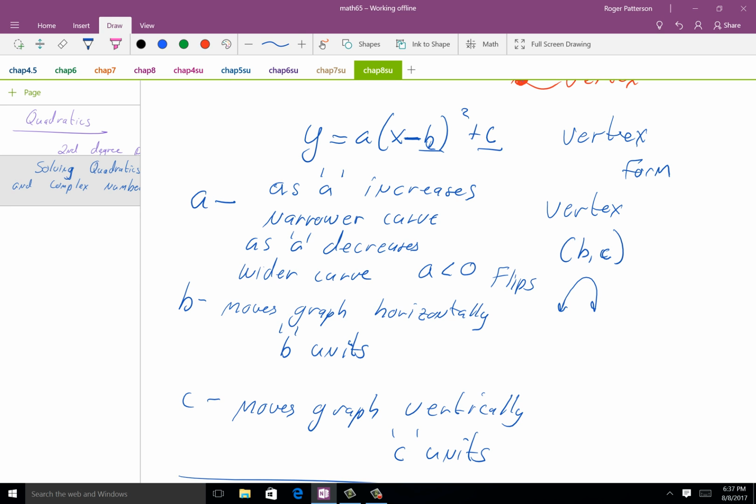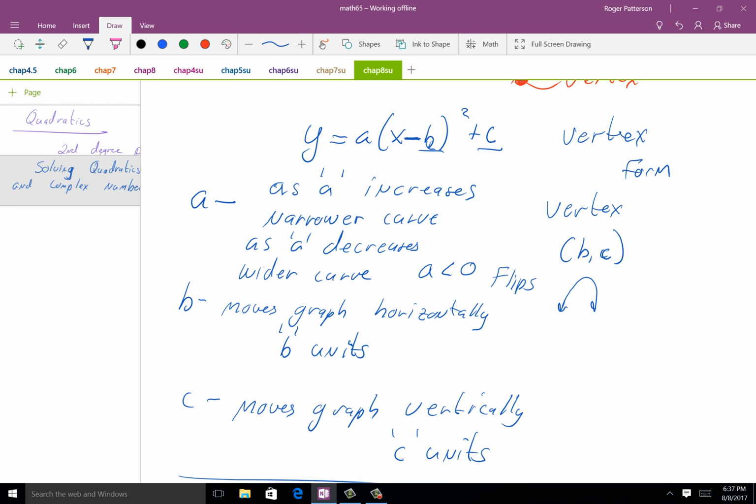Inside those parentheses, in more mathematics and graphs, that's very common in this situation, that it's always going to be the opposite. Kind of weird, huh? So if you have x minus 1, then b would be 1, which means it's shifted over 1 unit that way, right?